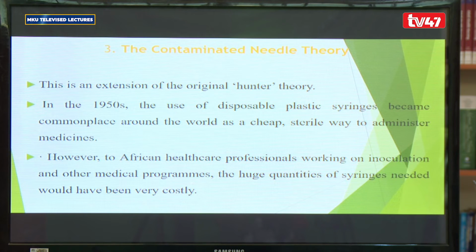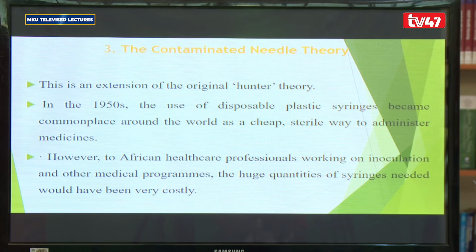In the 1950s, the use of disposable plastic syringes became commonplace around the world as a hygienic, sterilized way to administer medicine. However, to African healthcare professionals working on inoculation and other medical programs, the huge quantities of syringes needed would have been very costly.